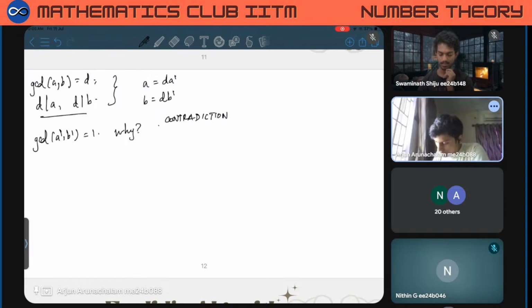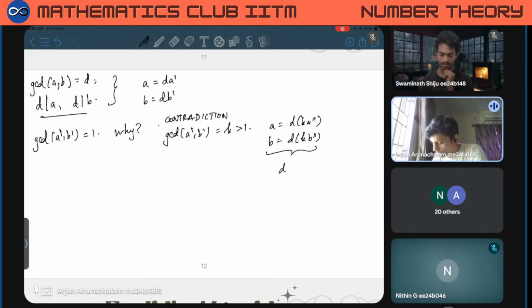So if GCD of a dash comma b dash is some k which is greater than 1, then a is equal to d times k a double dash, and b is equal to d times k b double dash, where a double dash and b double dash are some integers. So from here you get that dk divides a comma b and dk is greater than d, because k is greater than 1, right?